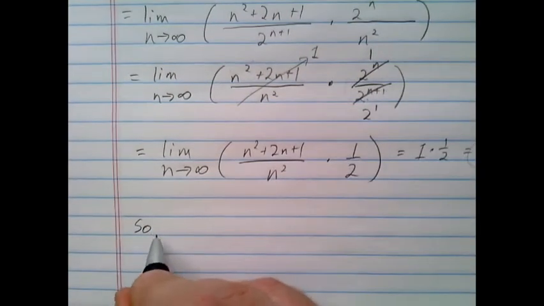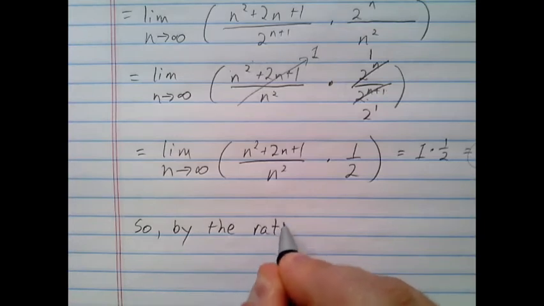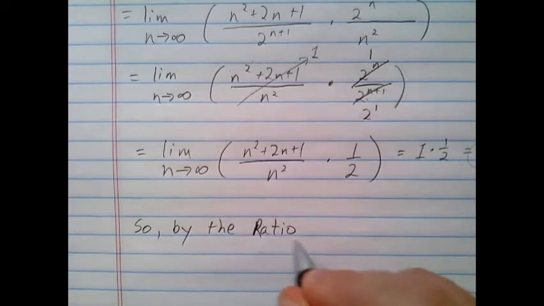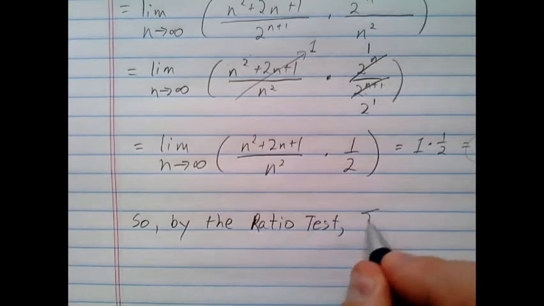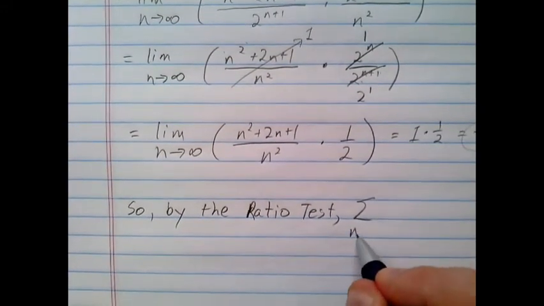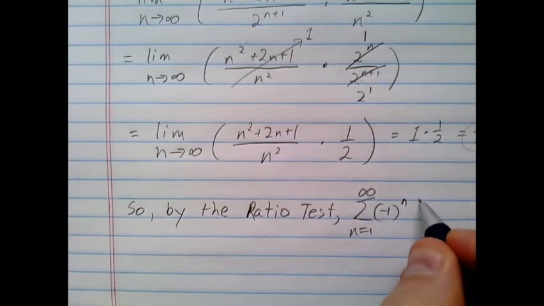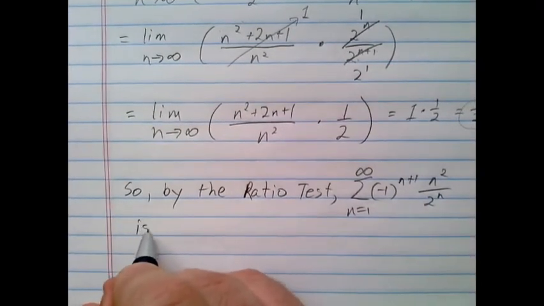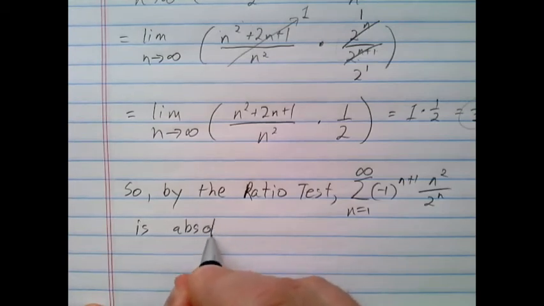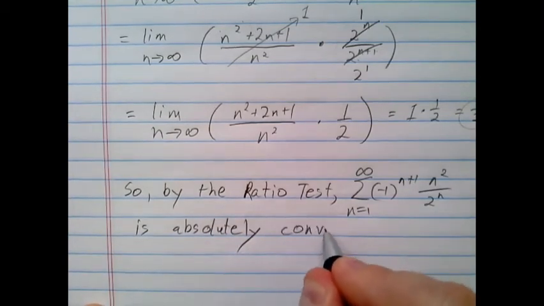So, by the Ratio test, our series, where n goes from 1 to infinity, and the nth term is negative 1 to the n plus 1 times n squared over 2 to the n, is absolutely convergent. And so it's convergent.